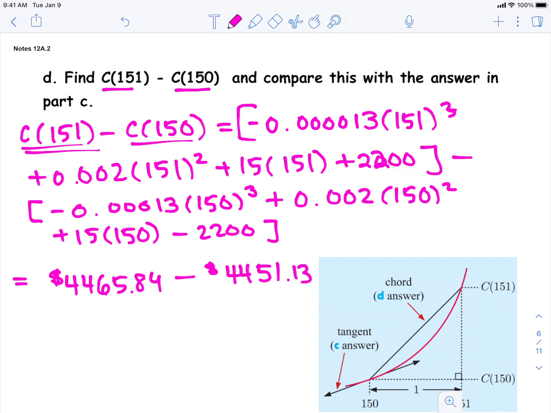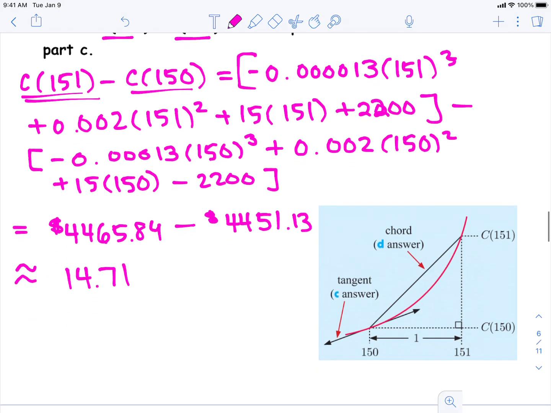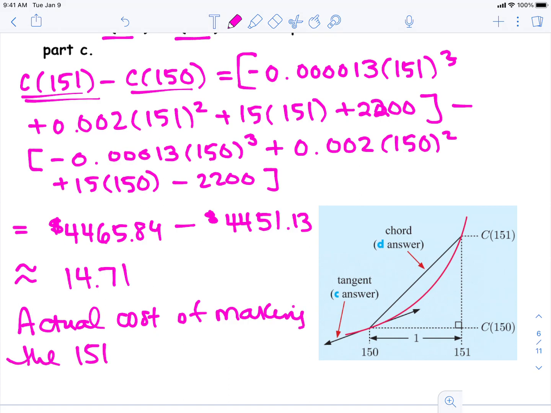And when you subtract them, it's about $14.71. So this is the actual cost of making the 151st item each day.